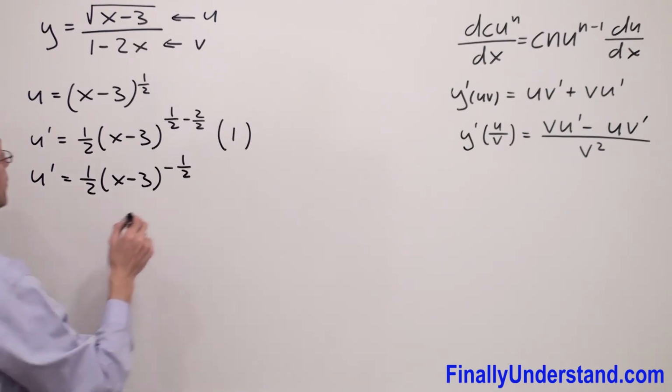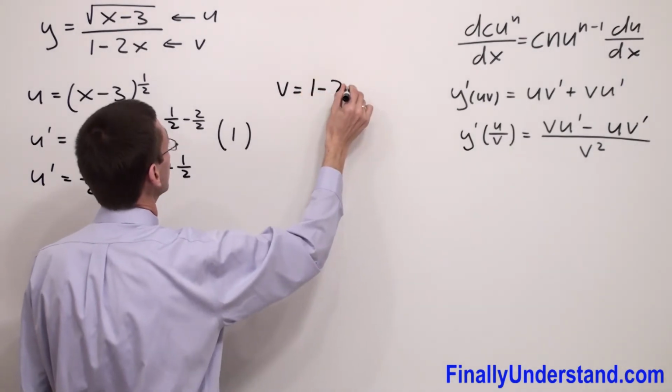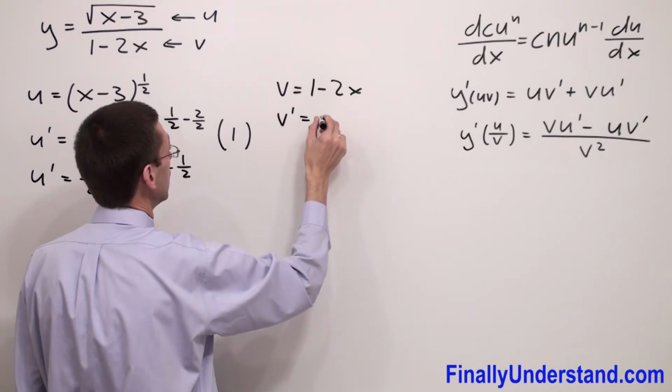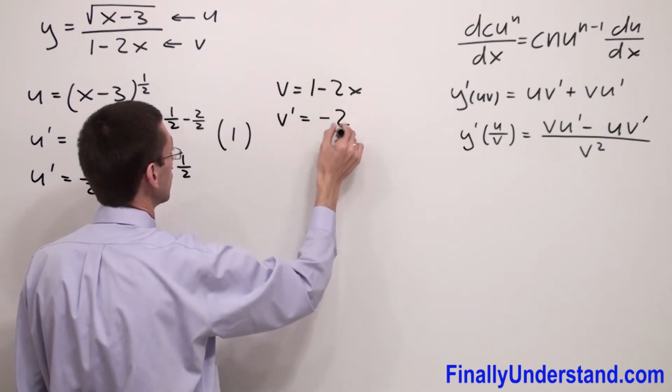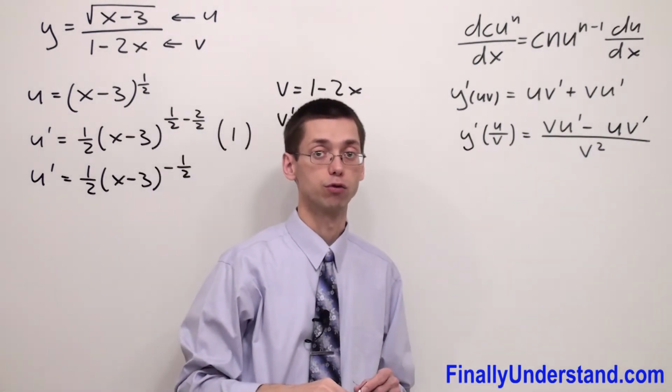My v is equal to 1 minus 2x. If you want to find the derivative of v, this is negative 2. Okay? So now I'm supposed to use the formula for the quotient.